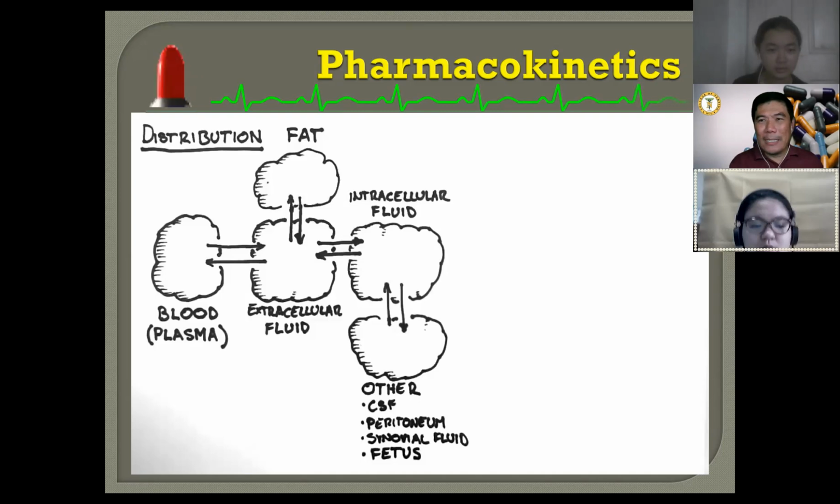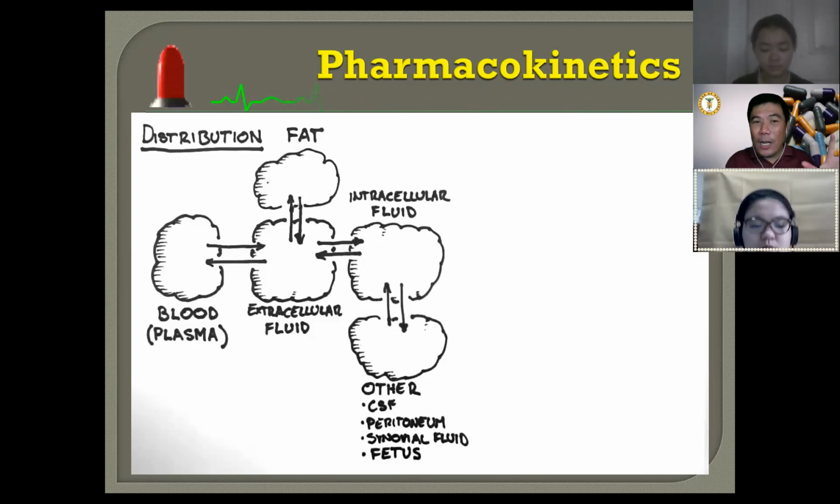Cation. Very good, Miss Alangkas. So obviously, the anion is the one referring to negatively charged. So keep this in mind. If you will be studying intravenous fluids, the concept of intracellular and extracellular is very important.